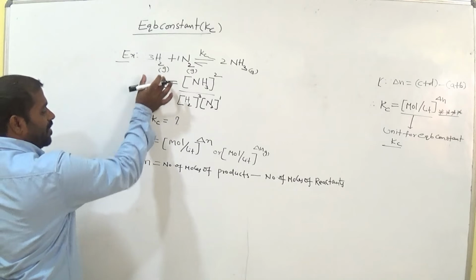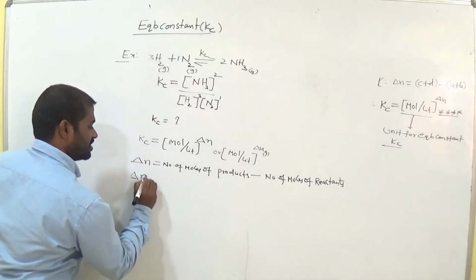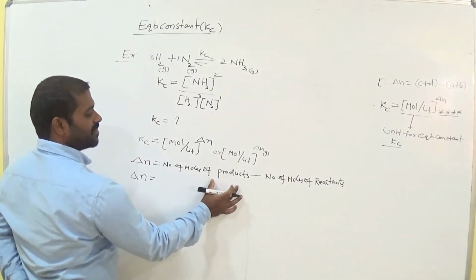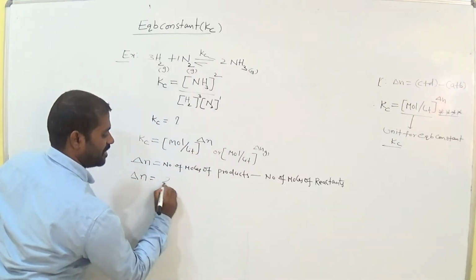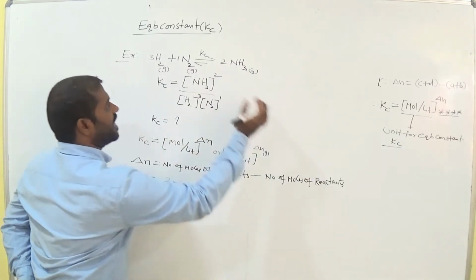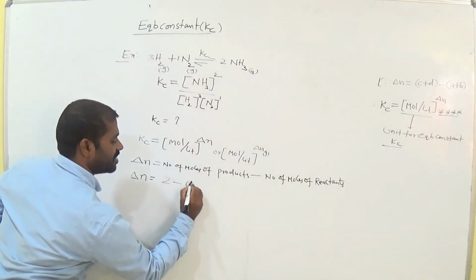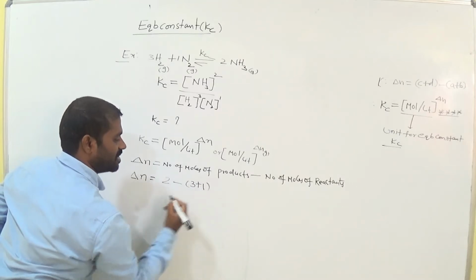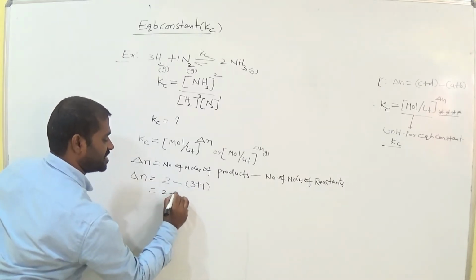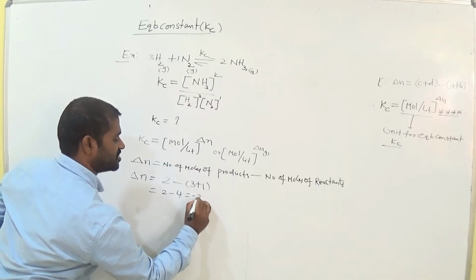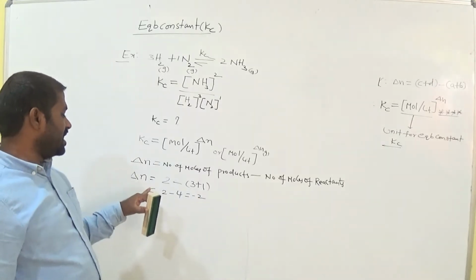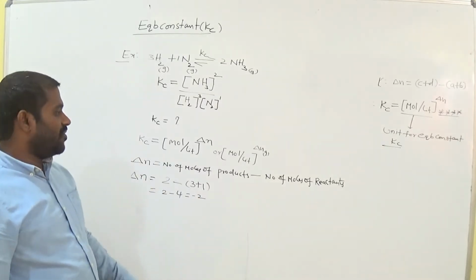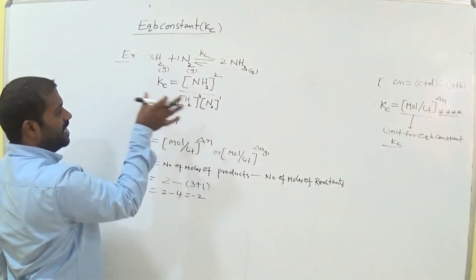Okay. For the above reaction, what is delta n? Number of moles of products, 2. Keep 2 here. Number of moles at reactant side, 3 plus 1. So totally 2 minus 4, that is equal to minus 2. So we get delta n equals minus 2. Now what are the units for Kc in the above expression?